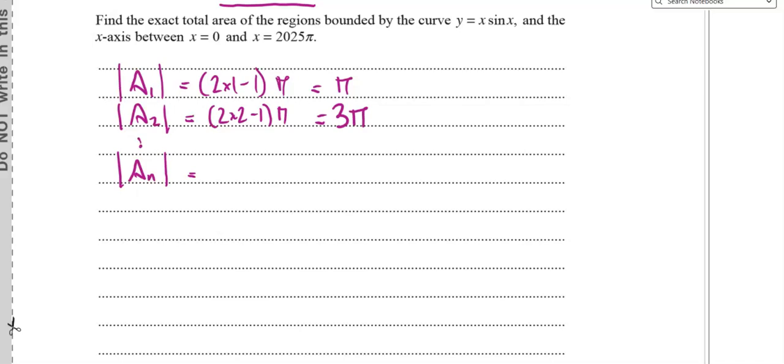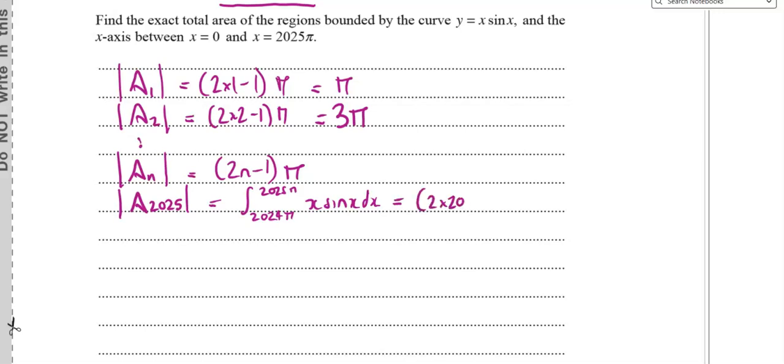A_n is (2n minus 1) pi, or if we're particularly interested in A_2025, that would be from 2024 pi up to 2025 pi of x sine x dx, and that would equal 2 times 2025 less 1 pi, which is 4049 pi.